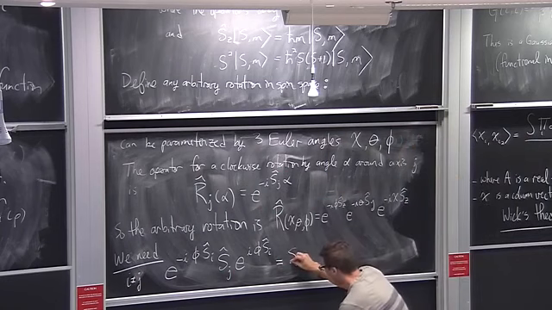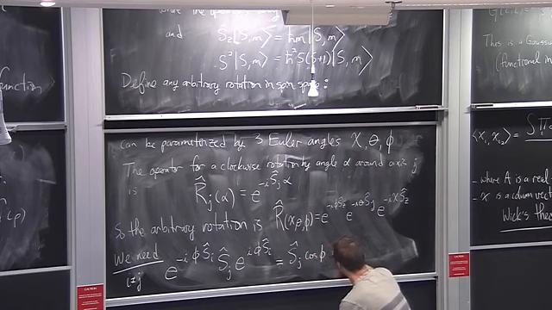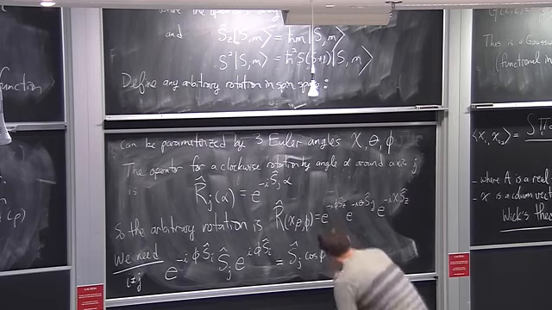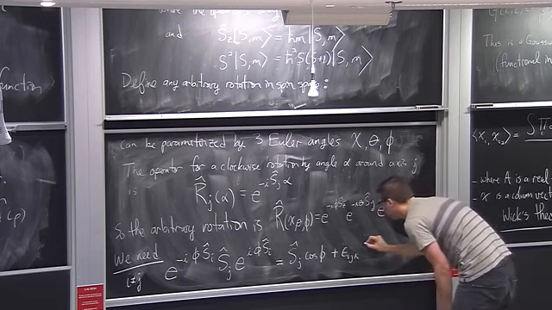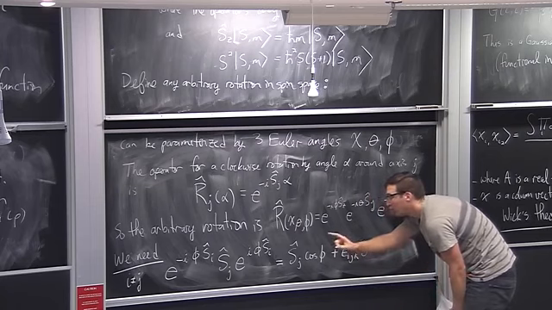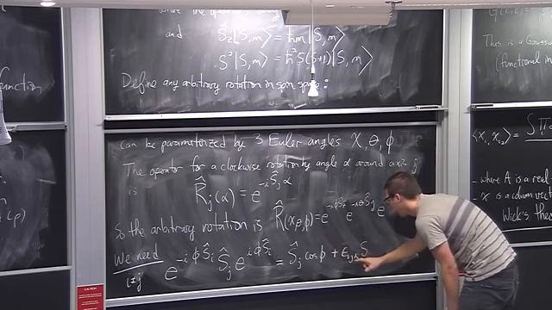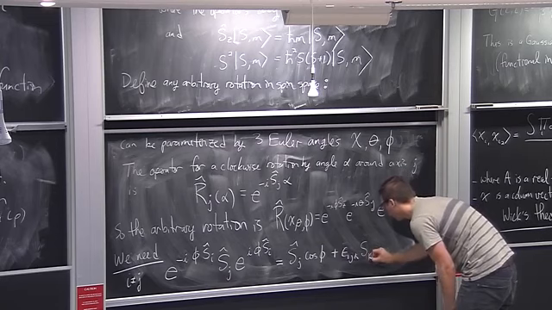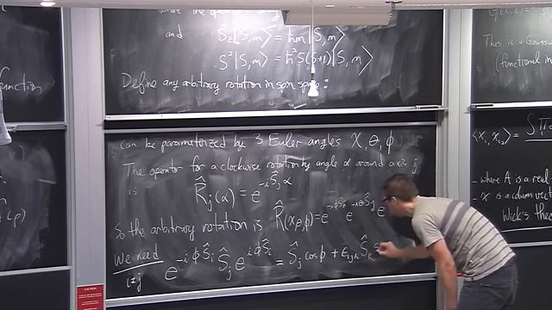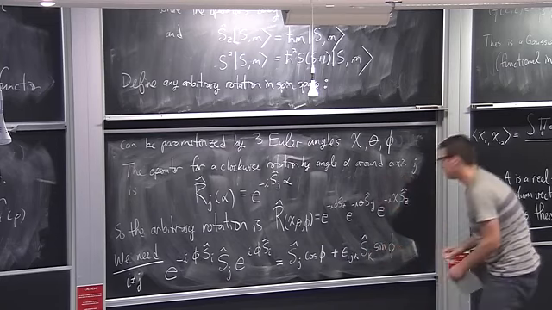So this identity has i, j, k. There's a sign that comes from the commutation relation, J_i, J_j, so this is k sine phi.